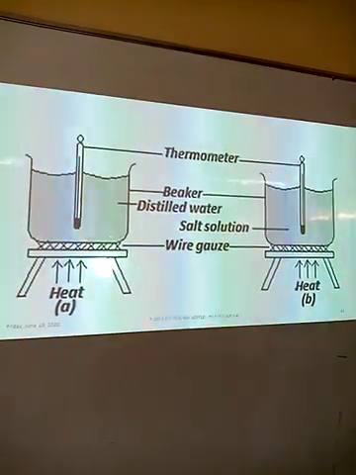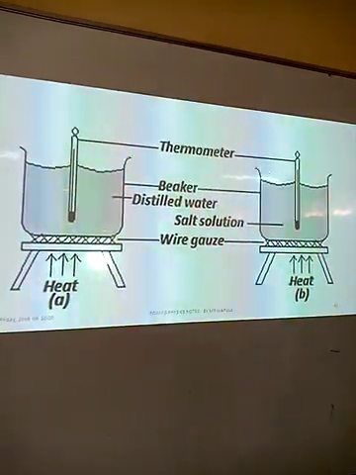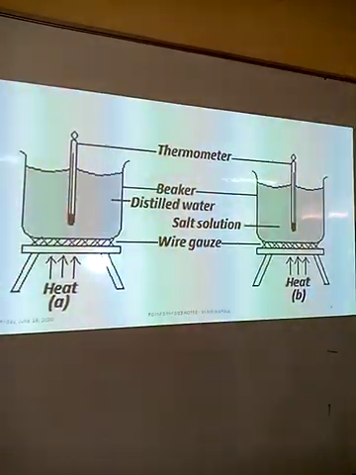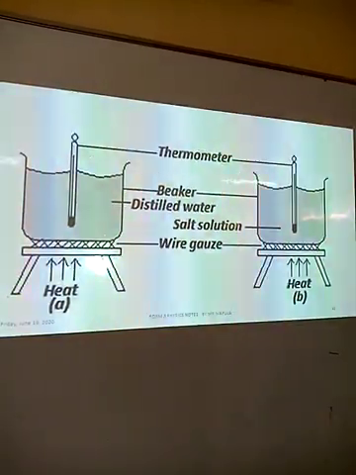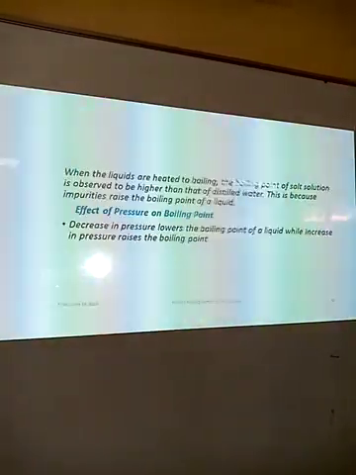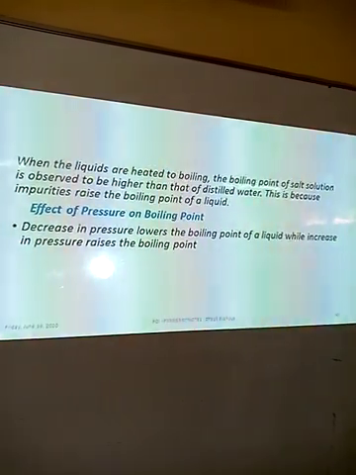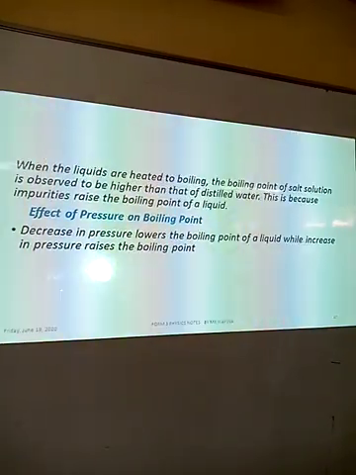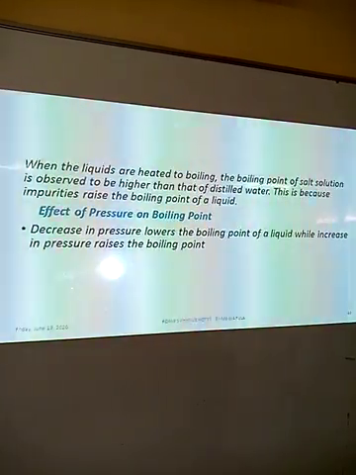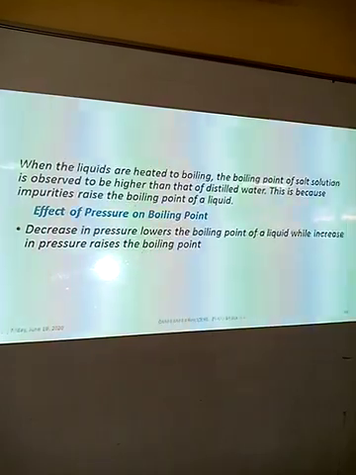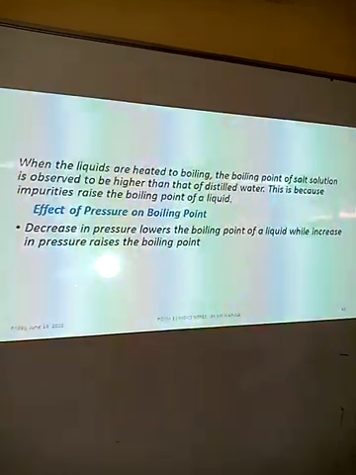If probably the boiling point was around 78, then the pure water will boil at 78, but the salt solution may boil at even 80, 85, or something like that. So when the liquids are heated to boiling point, the boiling point of salt solution is observed to be higher than that of distilled water. This is because impurities raise the boiling point of a liquid.